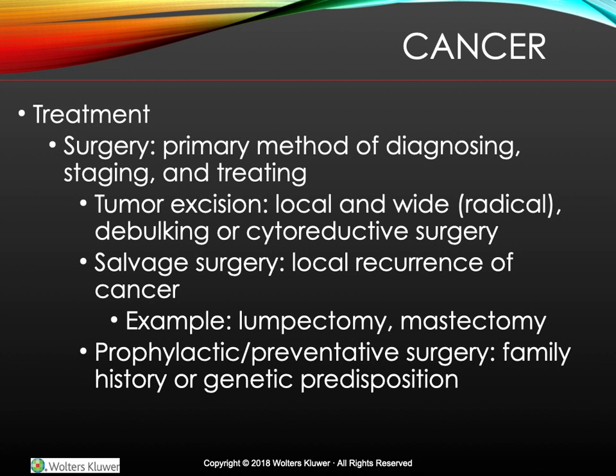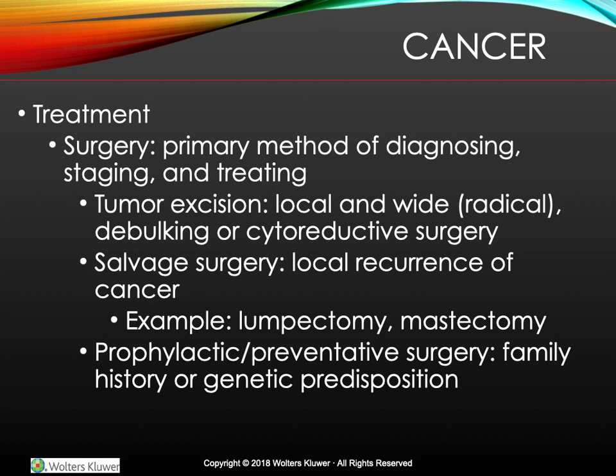Salvage surgery is the result of local recurrence of a cancer in that area. For example, they may do a lumpectomy or a mastectomy as a result of that recurrence of that cancer in that one particular area. You can also do what is called prophylactic or preventative surgery, and this is when you have a family history or genetic predisposition for cancer, such as BRCA1.